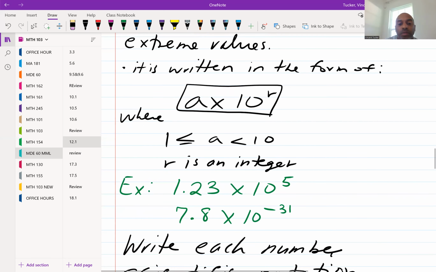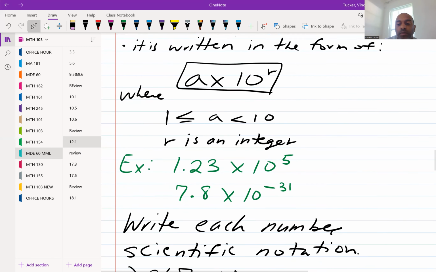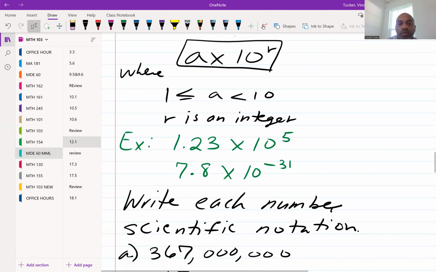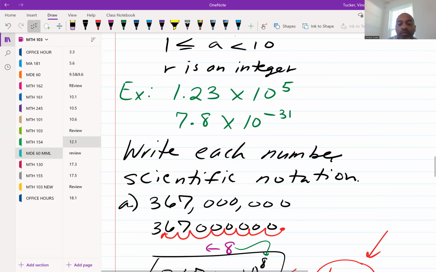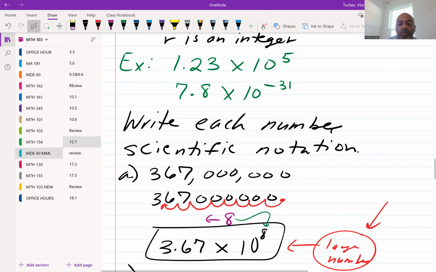All right, questions? All right, so write each number in scientific notation.